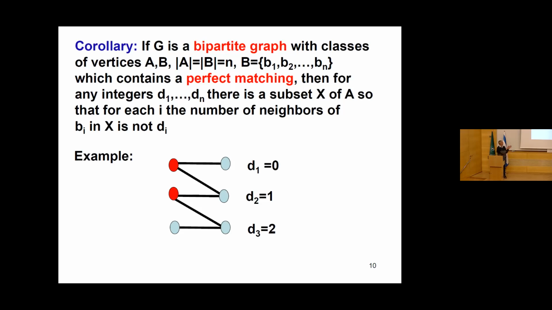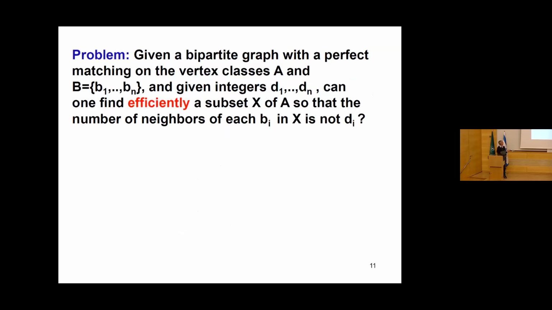And you see that this is just the statement of the permanent lemma, as I said, just applied to the adjacency matrix of the graph. And again, you can ask yourself the algorithmic problem. This one, I think it may be simpler, so I didn't think about it too much, but again, I don't know how to do it without algebra.